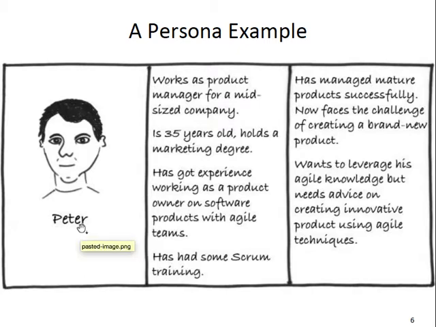Maybe you give it a name to make it more personal. Maybe you call him Peter, okay? And you pretend he's 35 years old, has a marketing degree, and has some experience of doing this work. He has received some Scrum training. And so this is his background, okay?